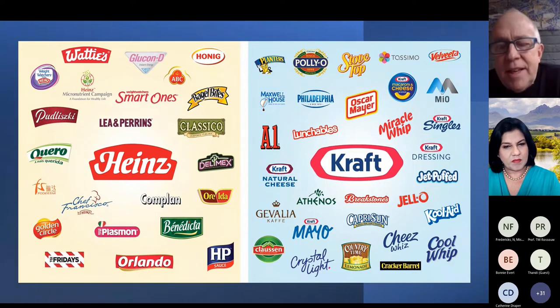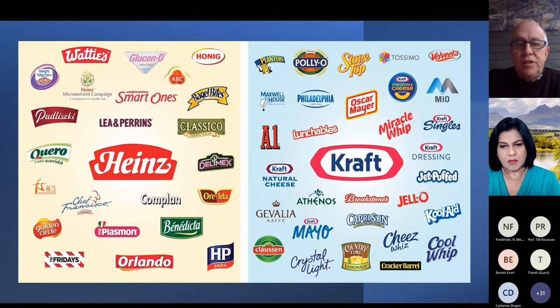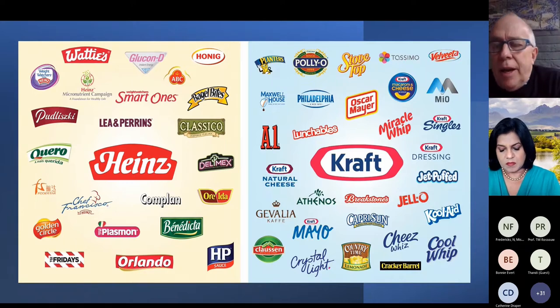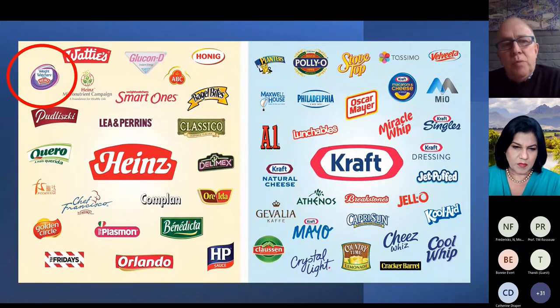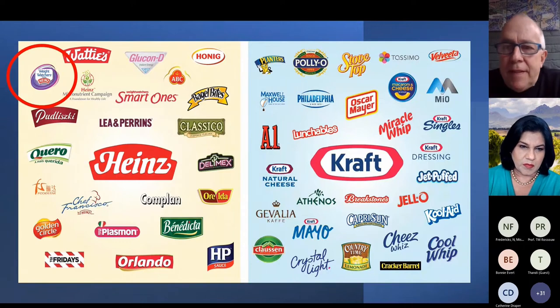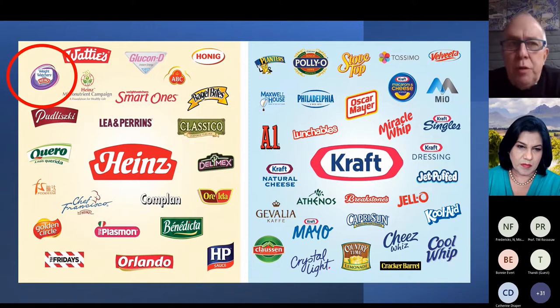This is a slide that was put up a number of years ago when the two massive food conglomerates, Heinz and Kraft, merged. These are largely American offshoots and subcompanies of the two large ones. But the thing that many of us will know is that little one on the left there, which I think is very interesting, is that Weight Watchers at that time was owned by Heinz.